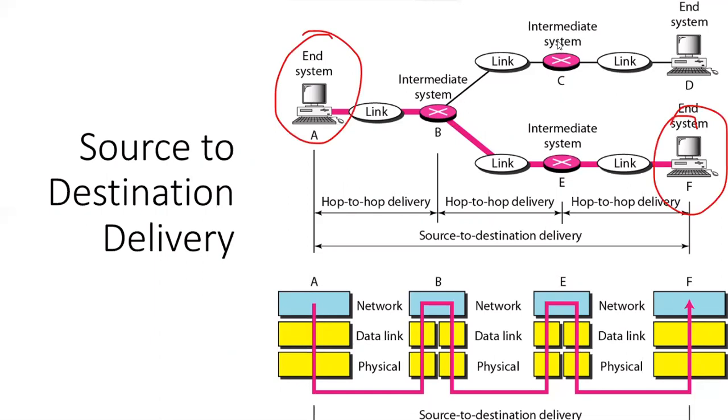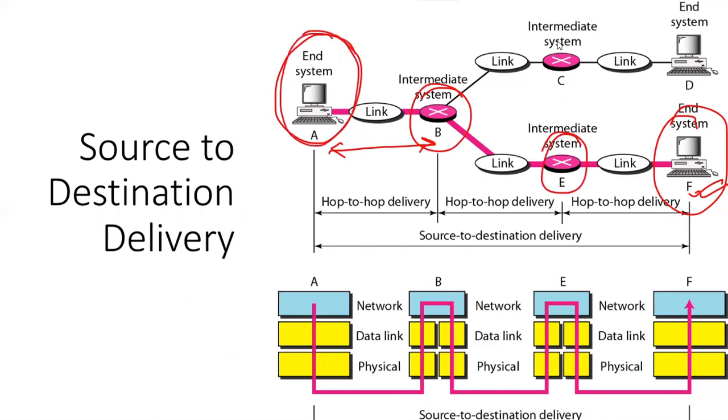In the header of the network layer packet, the data unit in the network layer is called a packet. In the packet, the destination address would be the address of F. In the data link layer header, the address of the destination would be the address of B. So all of these have different addresses.